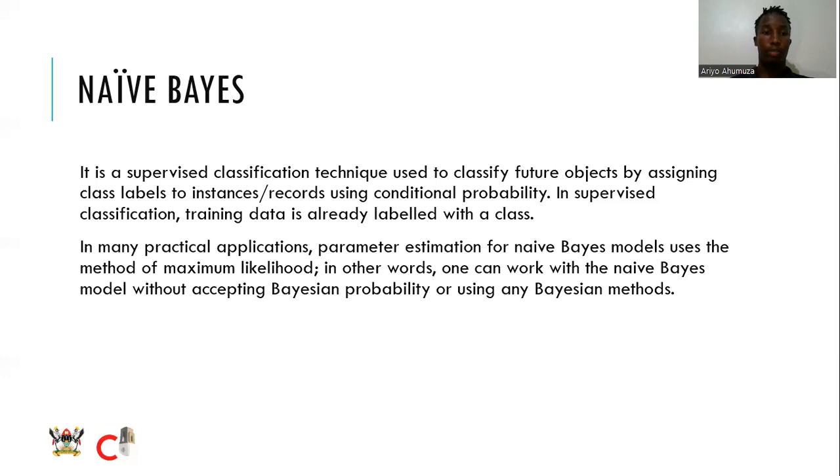In supervised classification, training data is already labeled with a class. In many practical applications, parameter estimation for naive Bayes models uses the method of maximum likelihood. In other words, one can work with a naive Bayes model without accepting the Bayesian probability or using any of the Bayesian methods. This is important as it's one of the differences between Bayesian networks and naive Bayes.